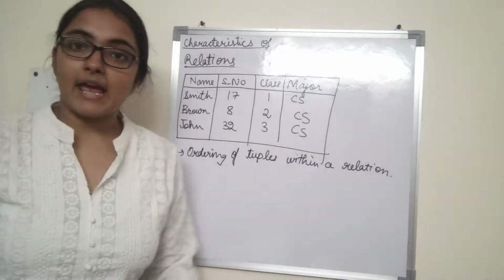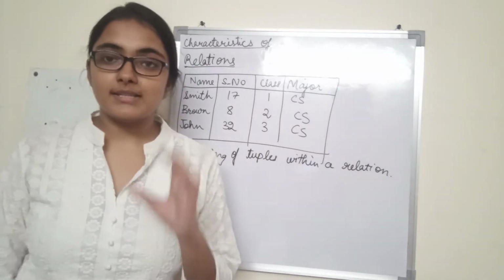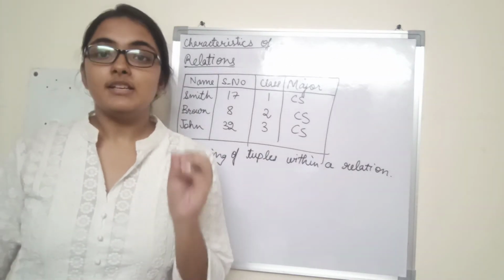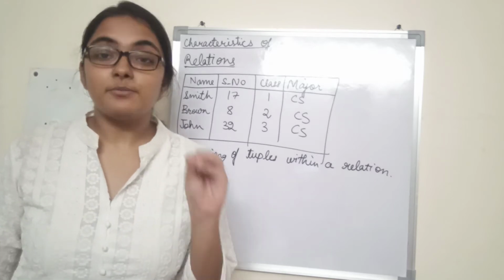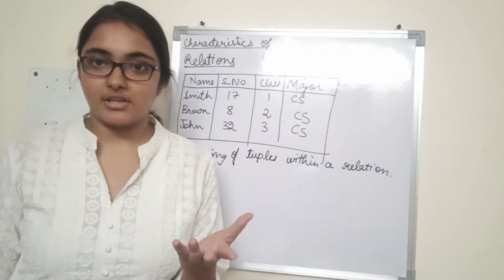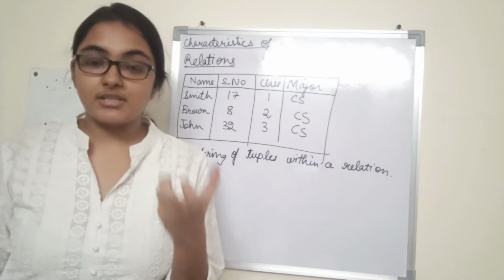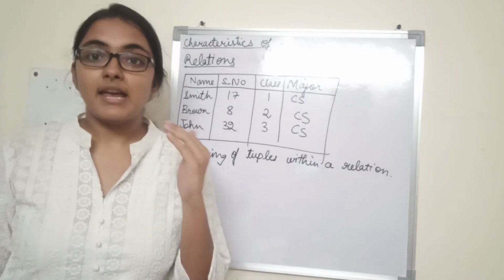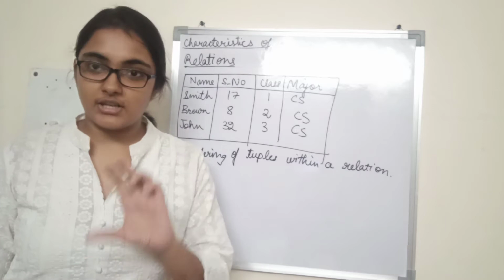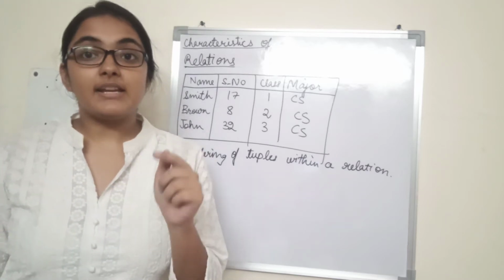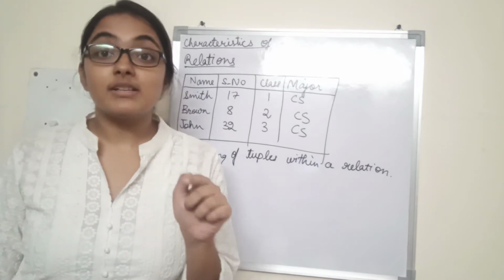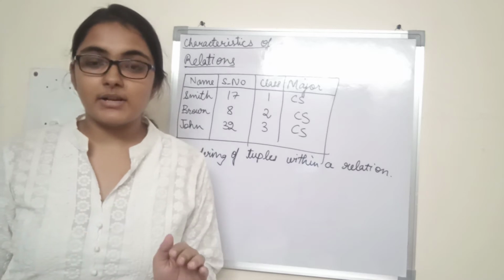Okay, so relation, as we defined in the previous video, is a set of tuples. Whenever we define a set, mathematically a set is a collection, right? So in a collection there is no order among the elements. If we think about relation as a set of tuples, then it also need not have any order, because a set of elements need not have any order among them.